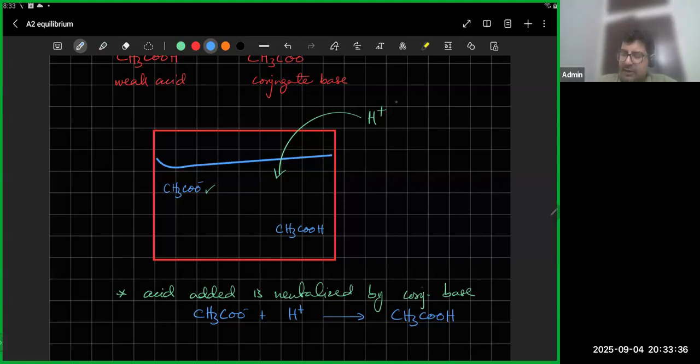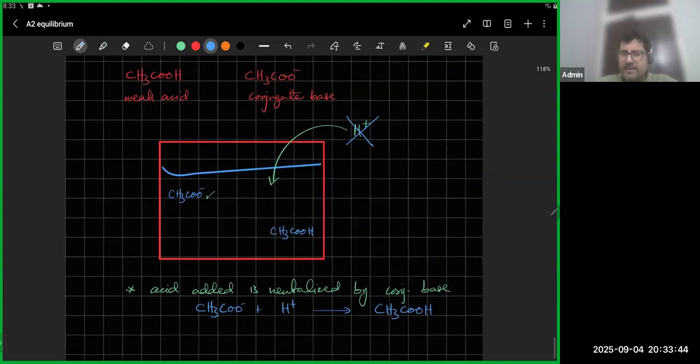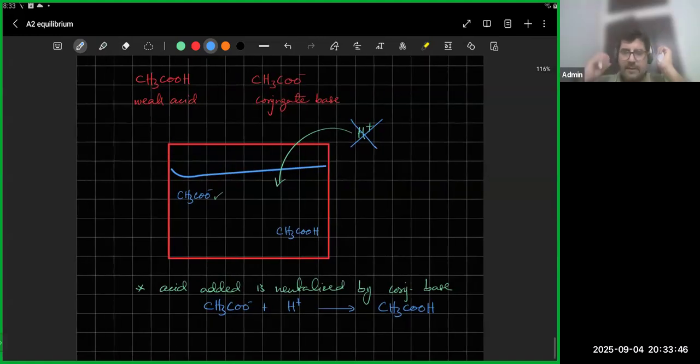So the H plus 1 gets neutralized. Is this thing clear, that you added acid to it and the conjugate base went in and accepted that H plus 1 and neutralized it? Is this clear? Yes.